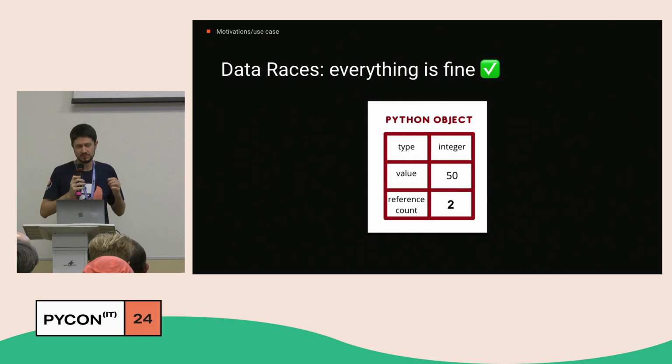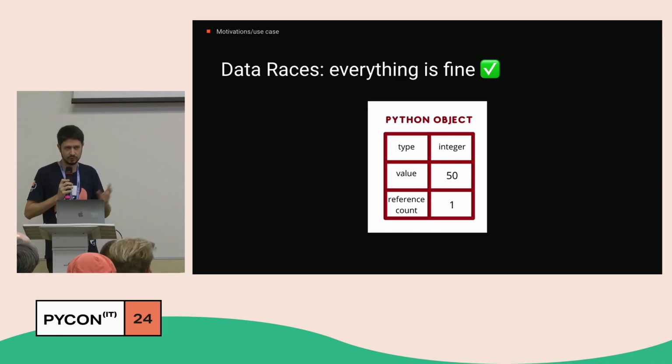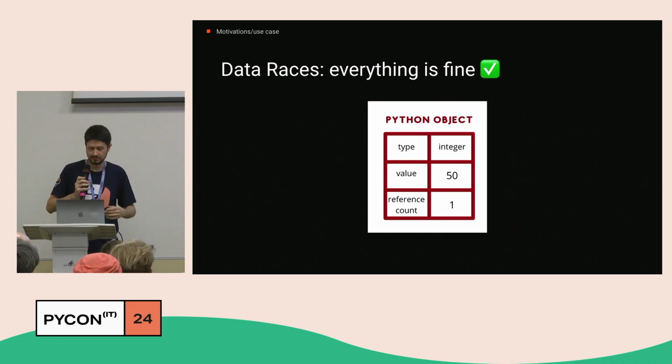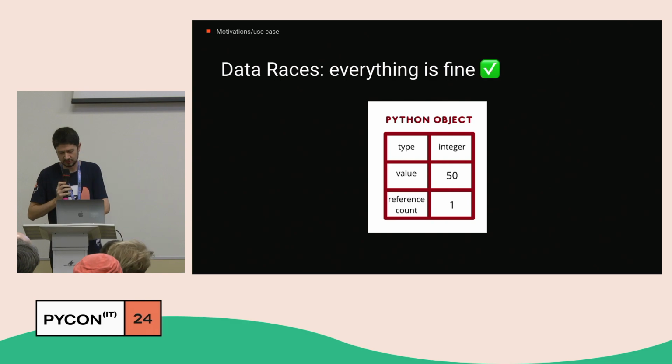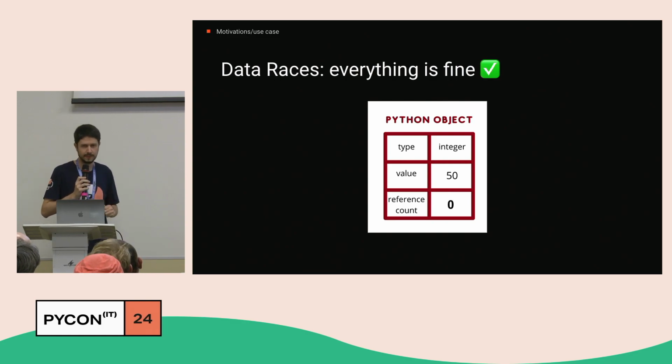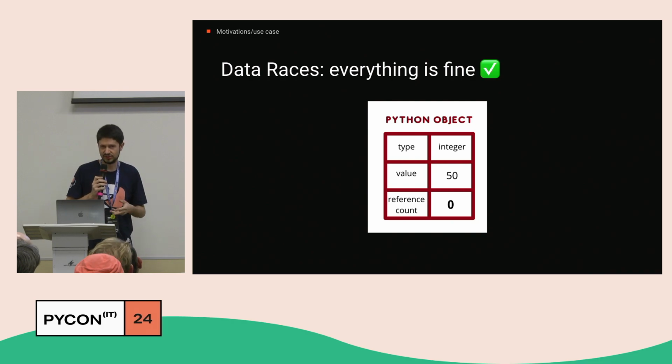Both of these threads are done with the object. The first thread releases its reference, decrementing from 2 to 1. Sometime later, the second thread does the same thing and decrements from 1 to 0. Since it reached 0, the garbage collector collects this memory and releases it to the operating system. So everything is fine, everyone is happy, and life goes on.